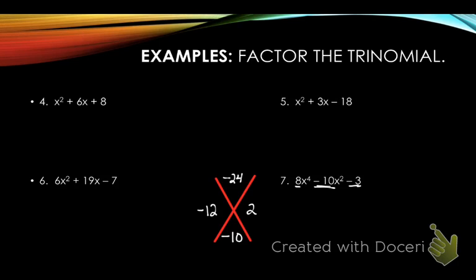So whenever I rewrite this, the front and the back, the 8x to the 4th and the negative 3, don't change. All I'm going to do is take these two terms and go negative 12x squared plus 2x squared.